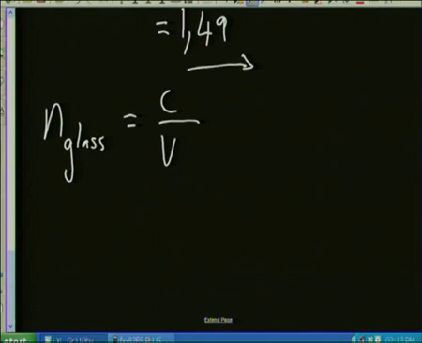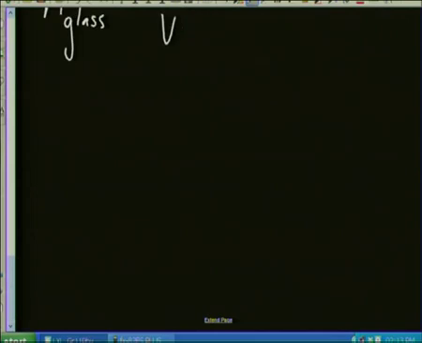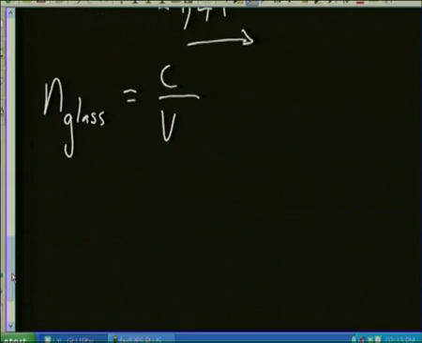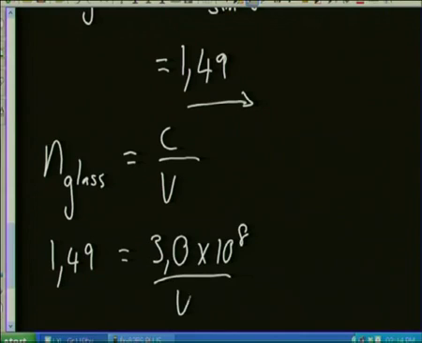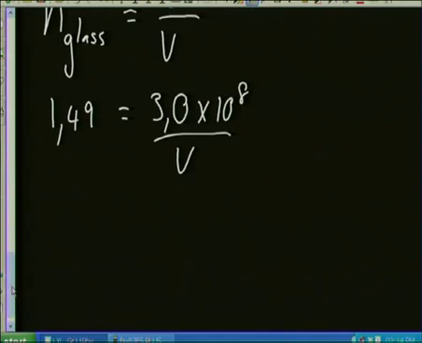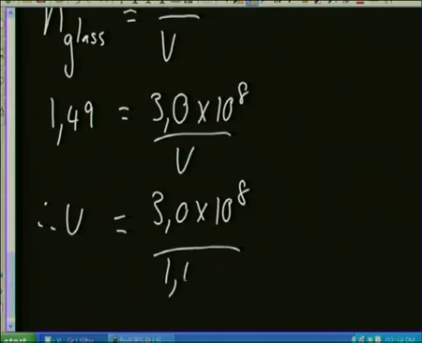We want to get the V. And let's substitute in our different values, and we can do that quite straightforward. 1.49 is equal to 3.0 times 10 to the 8 divided by V. So where does that leave us? Therefore, V is equal to 3.0 times 10 to the 8 divided by 1.49.